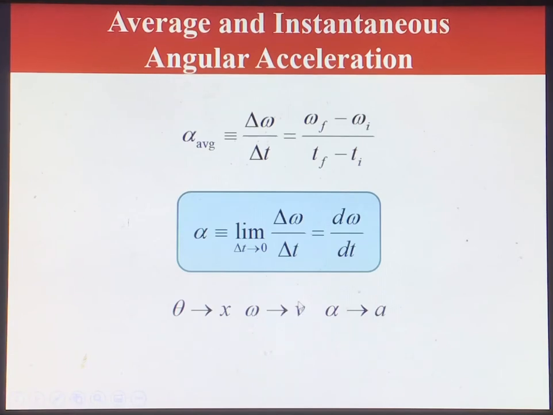In linear motion, the speed is v. In rotational motion, the angular acceleration is alpha. In linear motion, the acceleration is just a. So again, this is how we can compare angular quantities with linear quantities.